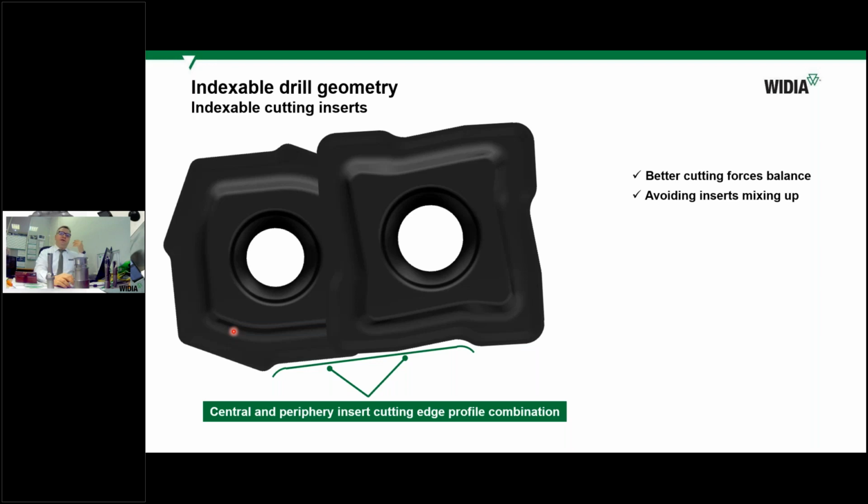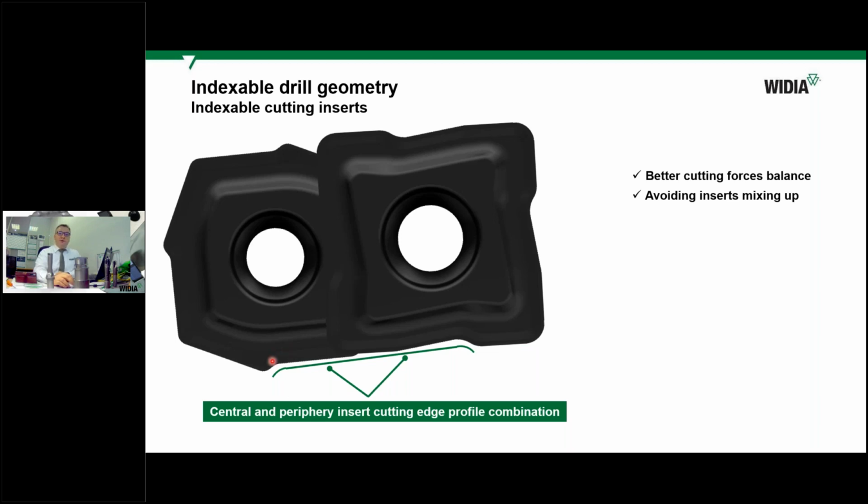Thus, it will bring much faster flank wear. Vice versa, if he or she wants to put a hard peripheral insert in the central place, they can get cracking or breakage of the central insert.